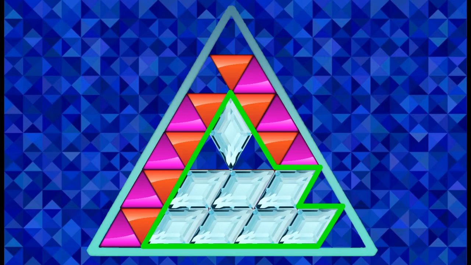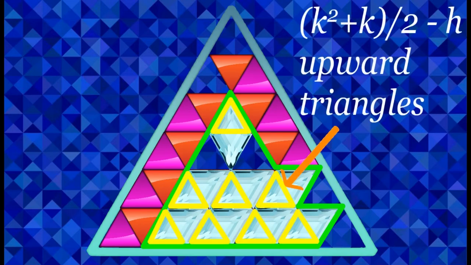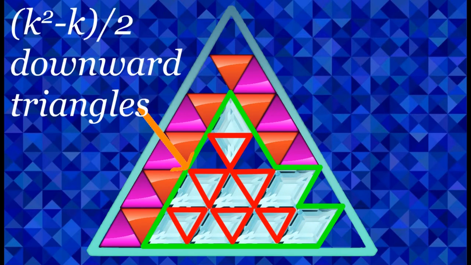Thus, there are exactly (K squared plus K)/2 minus H unit upward triangles in R, and exactly (K squared minus K)/2 downward unit triangles in R, not counting those sticking out.